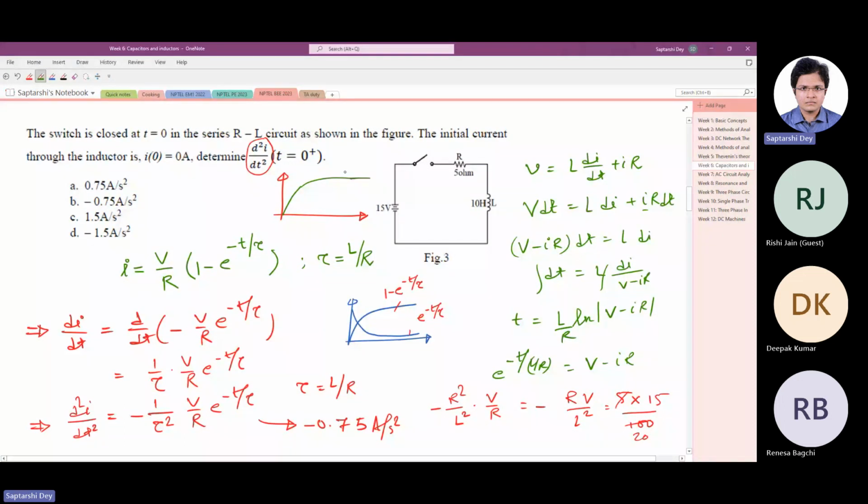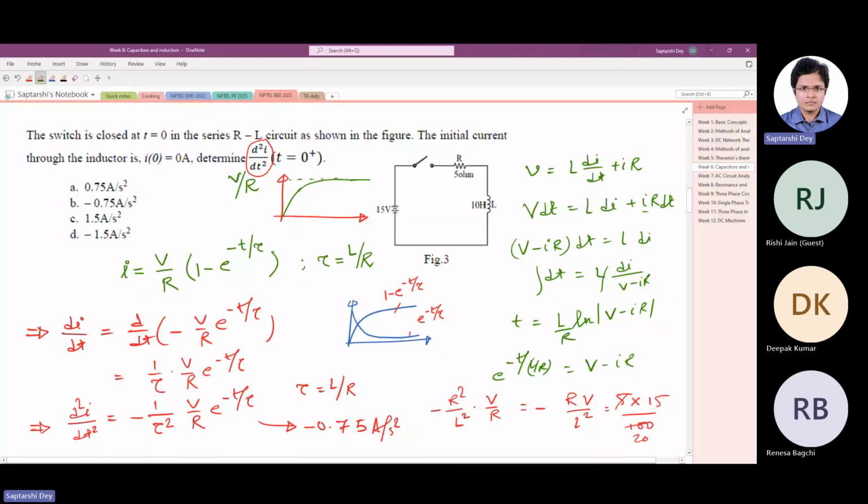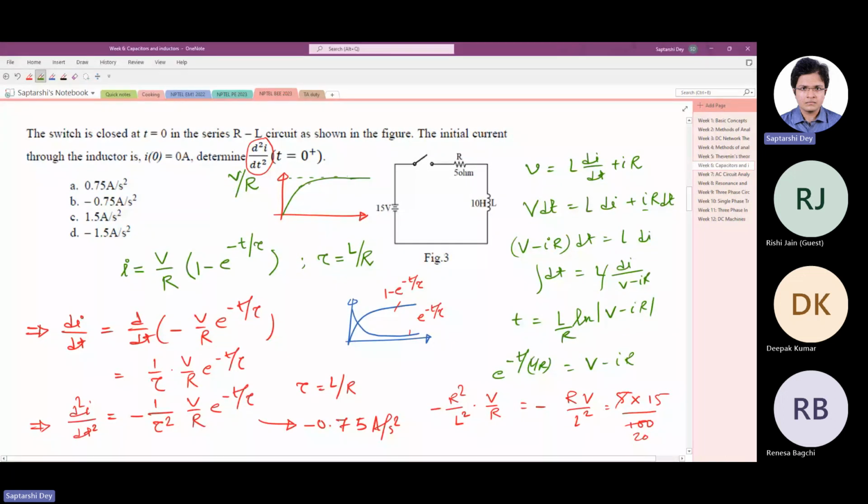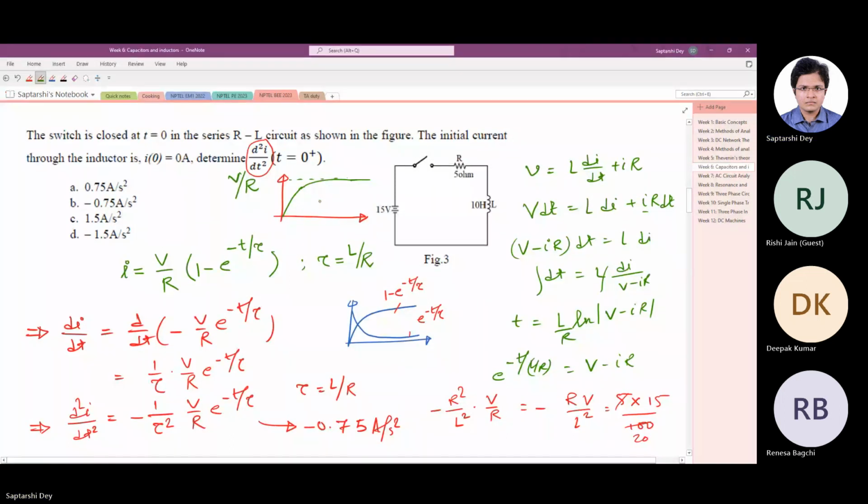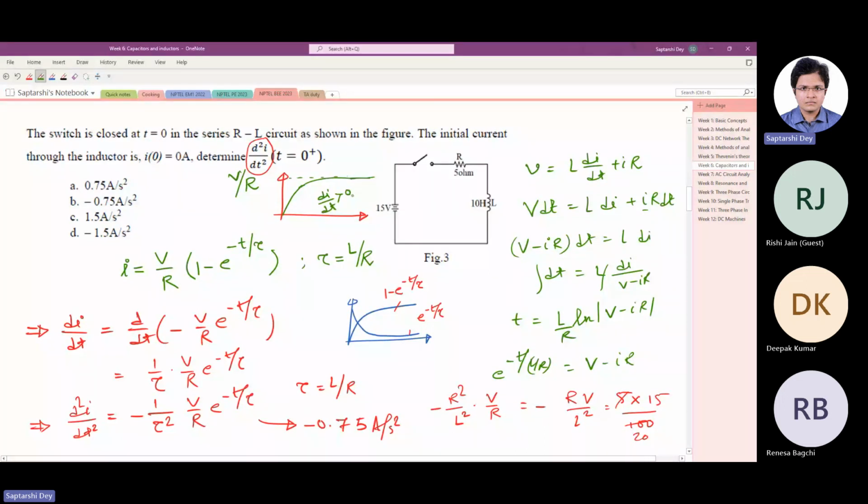The steady state value is V by R. Mathematically it never reaches this value, but you will practically get to see that it has reached V by R. Now the thing is, di dt is always positive. But the rate of increase reduces, meaning the current is increasing, but the more time goes, it is increasing slower, right? That is why you are getting this kind of convex curve.